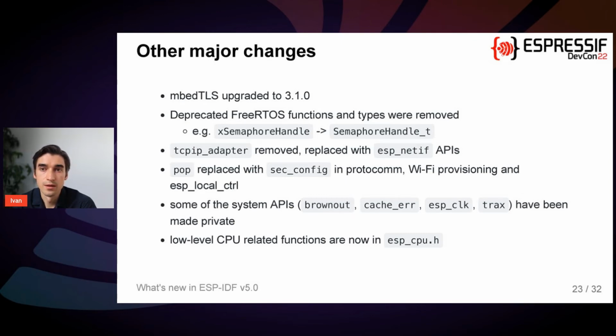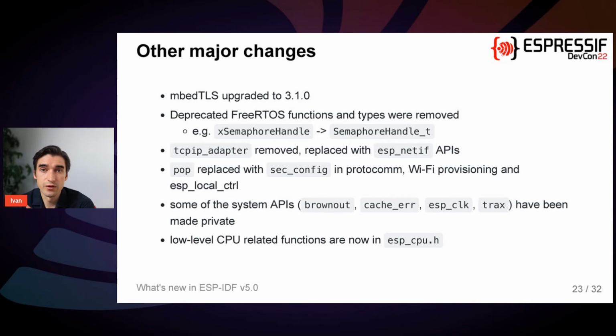We have removed the TCP/IP adapter library, which has been a layer or library that provided APIs to configure networking interfaces in IDF 3.x. In IDF 4.x, we have introduced ESP-NetIF APIs, and for the 4.x releases, we have maintained compatibility with TCP/IP adapter, so you could still use it.